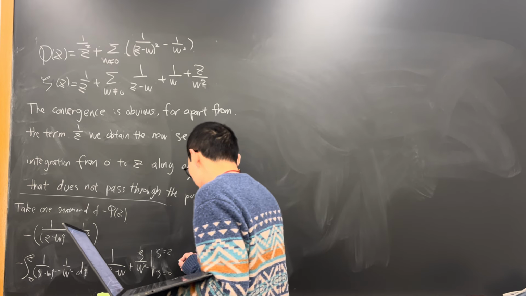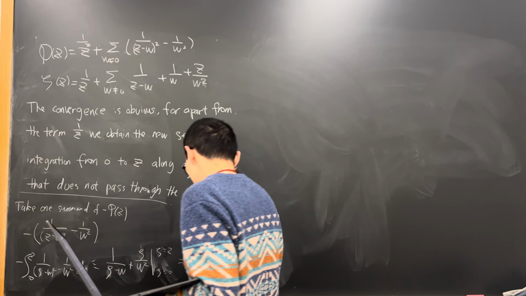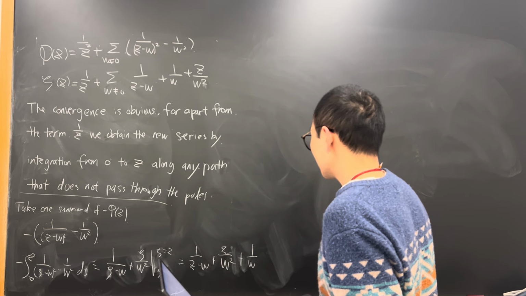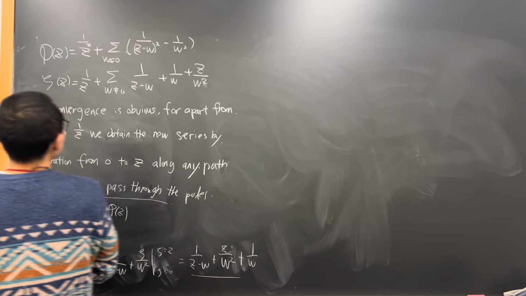If you plug in, it will be 1 over z minus omega plus z over omega squared, and then minus, which becomes plus 1 over omega. So this is exactly one term inside zeta z.